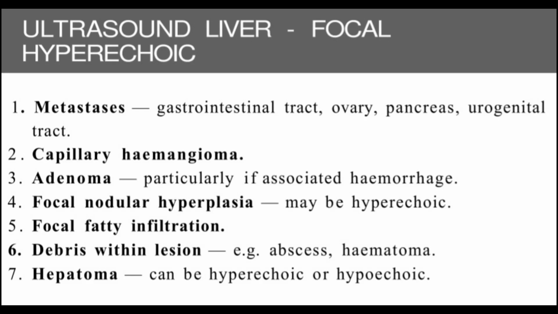You can call it hepatocellular carcinoma or hepatoma, but usually it appears hypoechoic and sometimes hyperechoic. It depends upon the age and size of the hepatoma. It may appear hyperechoic or hypoechoic, but hepatoma will also be included in the differential of hyperechoic masses.